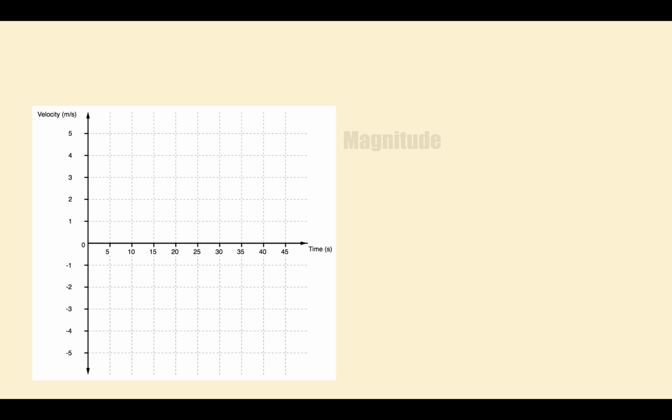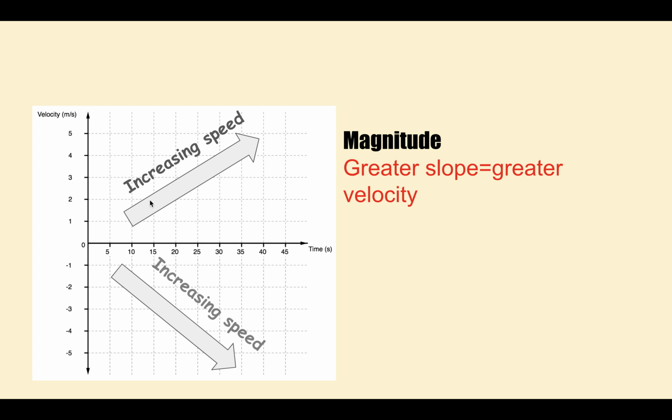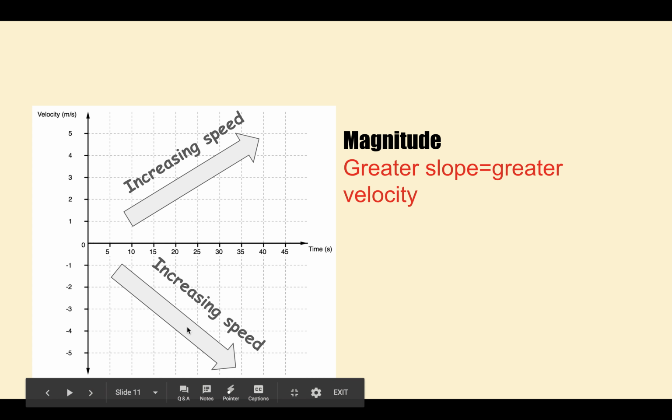All right. So we have the velocity time graph again. If we're looking at the magnitude, we want to show increasing speed. The greater the slope, the greater the velocity. So this is showing increasing speed, and we saw that in the last example. But if I was moving in the negative direction, this would also be increasing speed.